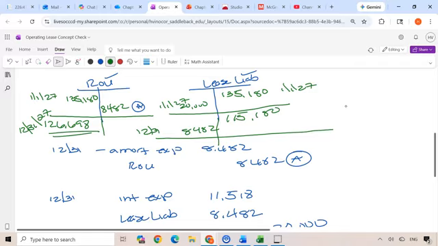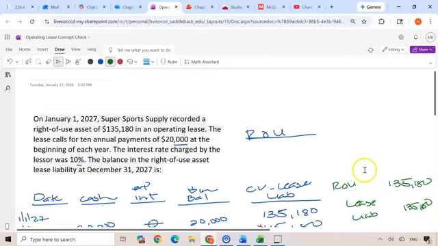I'm so sorry about that. But on 12/31, I'm debiting $8,482. And so my new balance for my lease liability on 12/31 is going to be the 115,180 less 8,482, and that's going to give me $106,698. So those are just some things to know, if you get a problem in the book or on an exam, there could be several different questions that could be asked here.